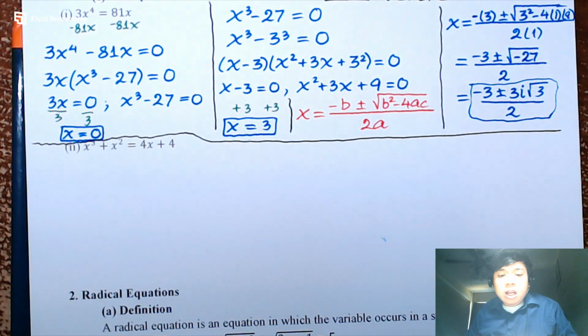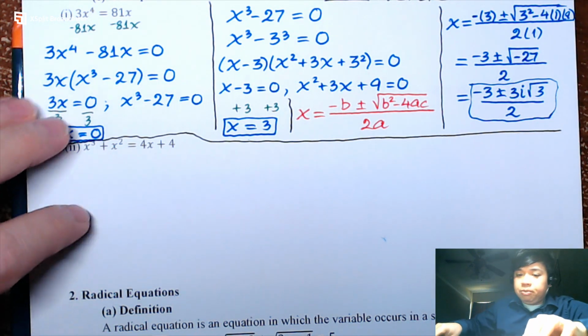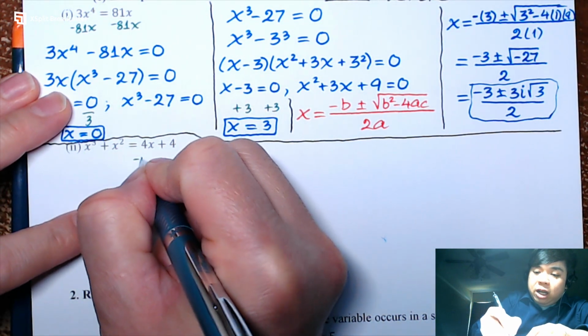Okay, x cubed plus x squared equal to 4x plus 4. Okay, again, factoring method, subtract everything on one side to get 0.